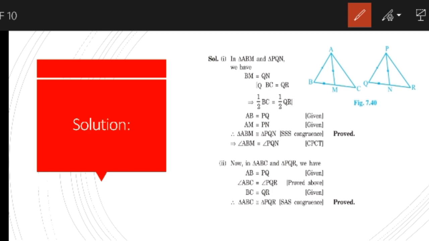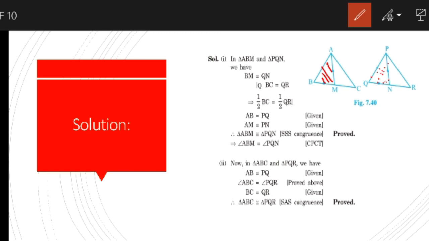First, we need to consider triangle ABM, that means this triangle, and triangle PQN, that means the dotted triangle. In these two triangles, we have BM and QN as equal, as BC is equal to QR. BM is equal to QN.